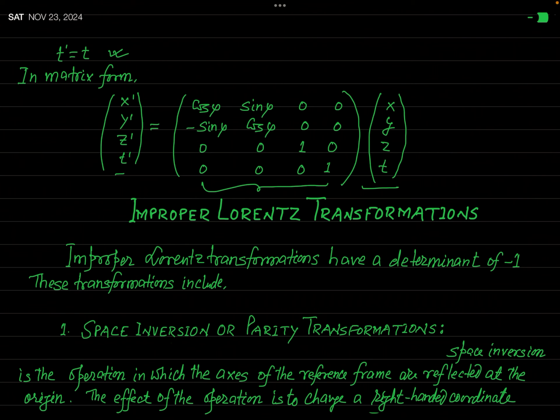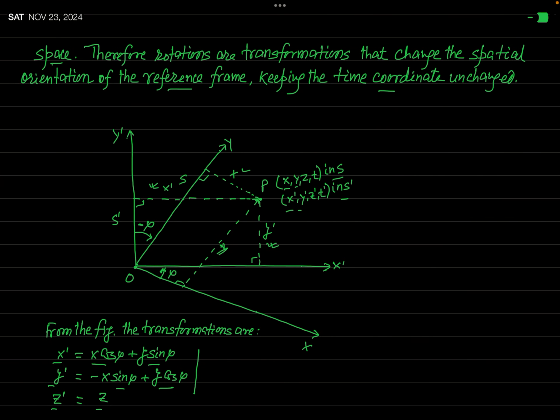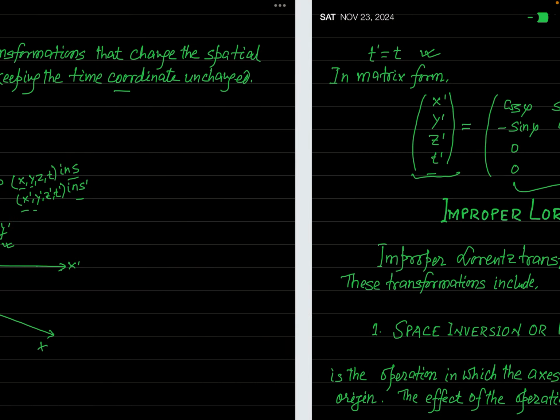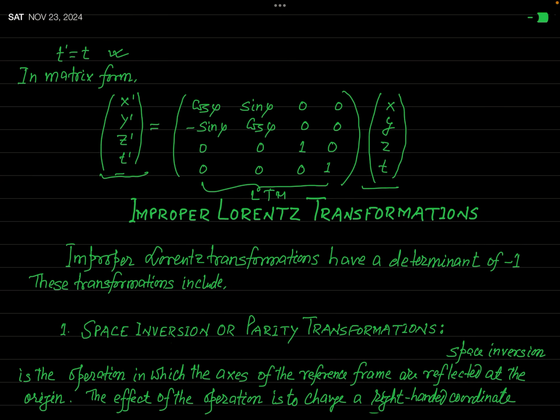You can check this when you operate this Lorentz transformation matrix, LTM, on the column matrix X, you will get the column matrix X prime, Y prime, Z prime and T prime. So here you can see that the orientation of the coordinate axes has been changed, but there is no change in time.